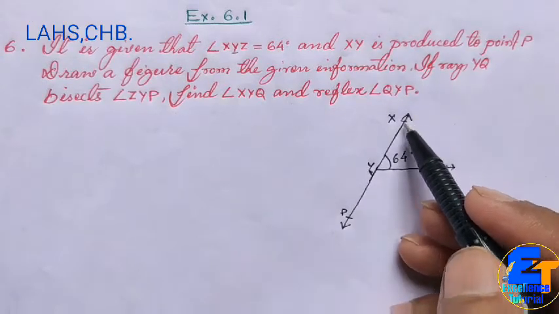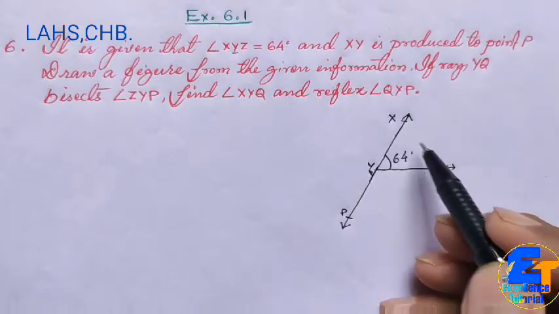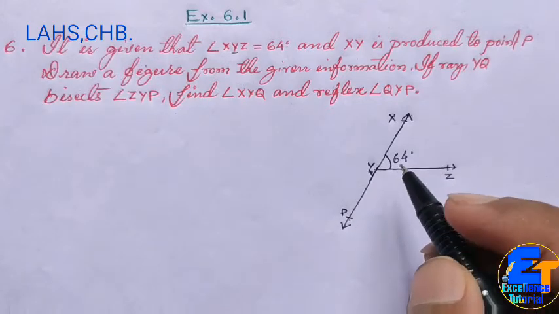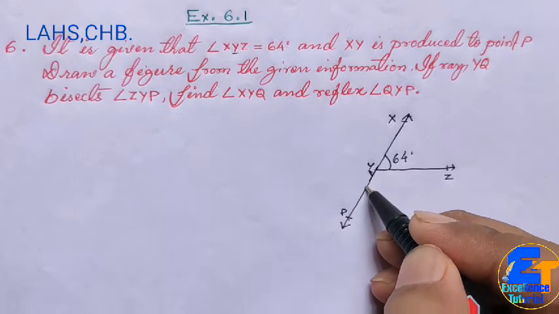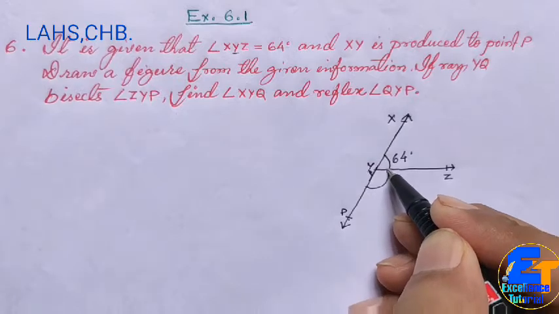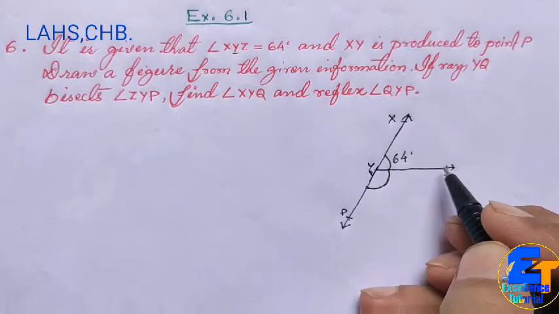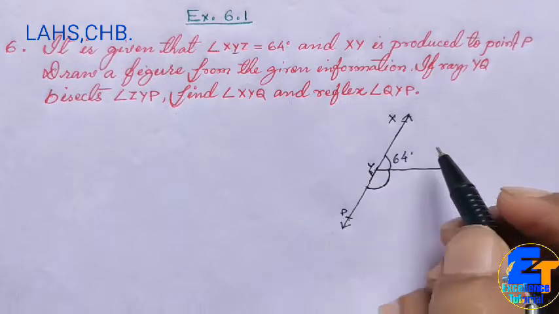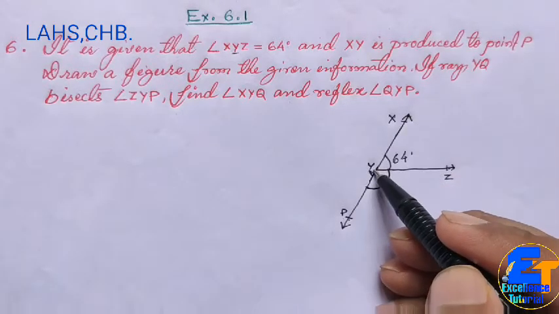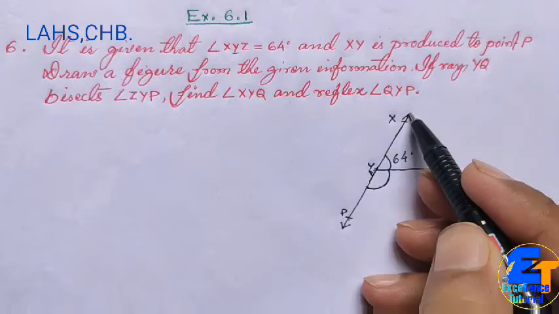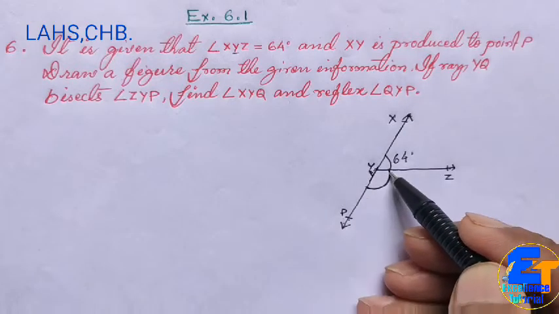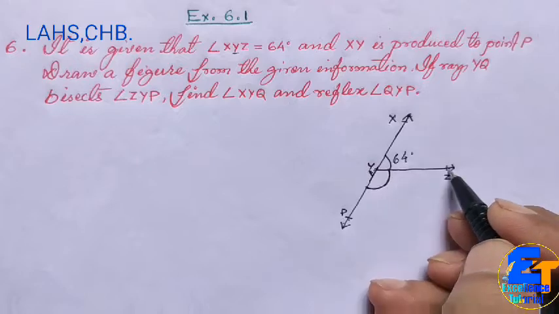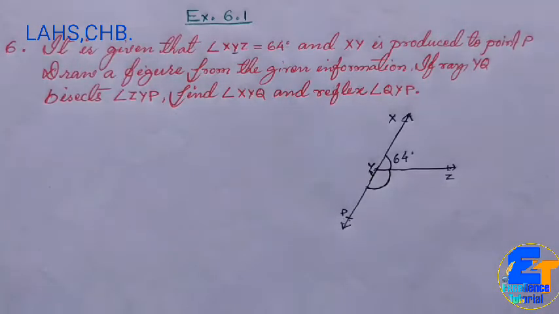We have produced the arm XY of angle XYZ till the point P. Now see, a new angle is produced here. What is the name of this angle? ZYP, or you may name it PYZ. That means on producing the arm XY of angle XYZ to point P, a new angle is produced, and the name of the new angle thus formed is ZYP.